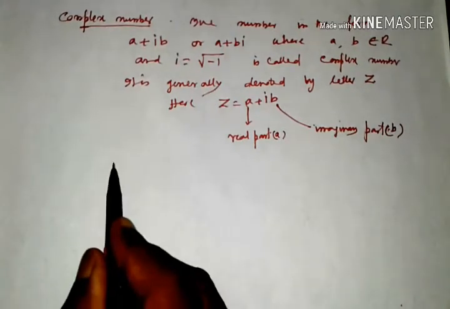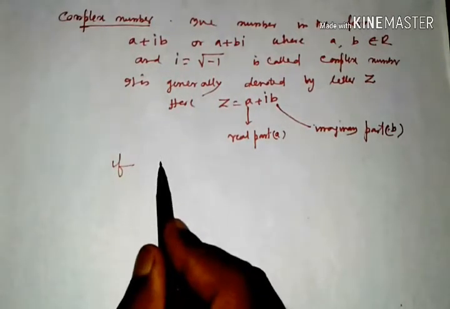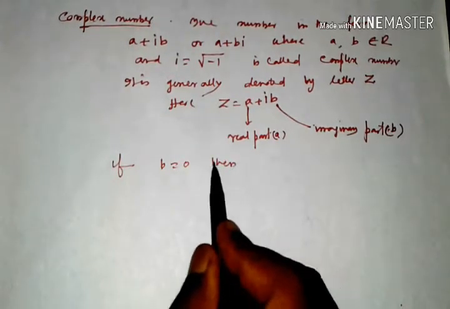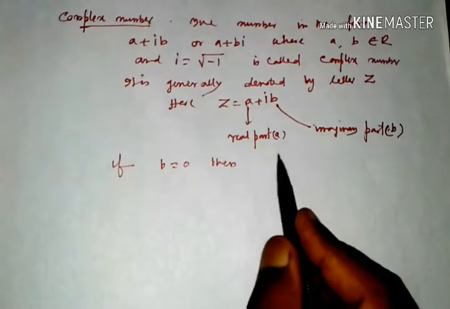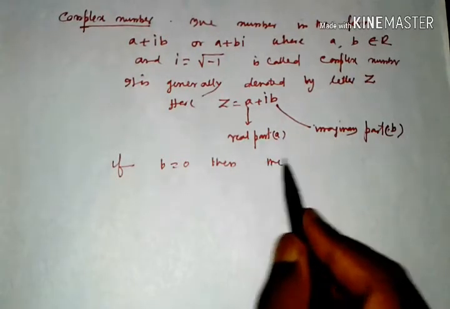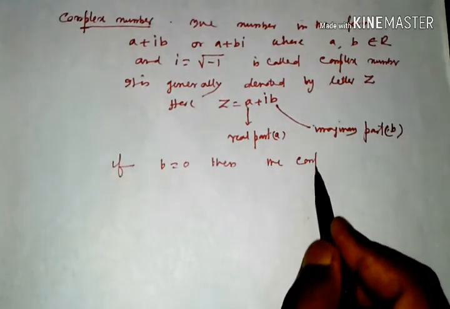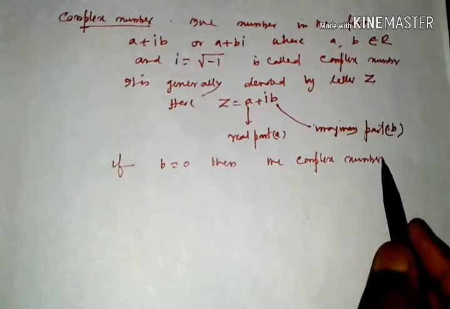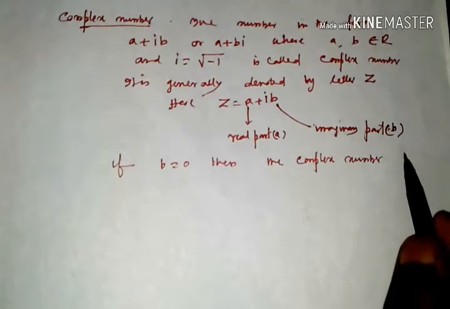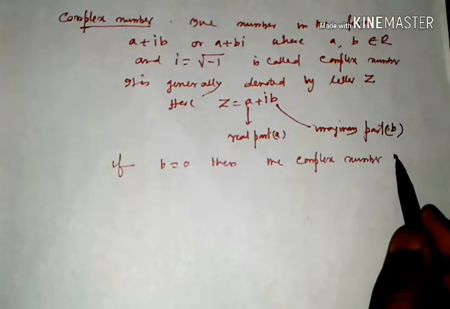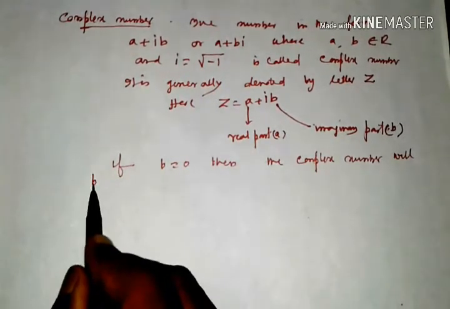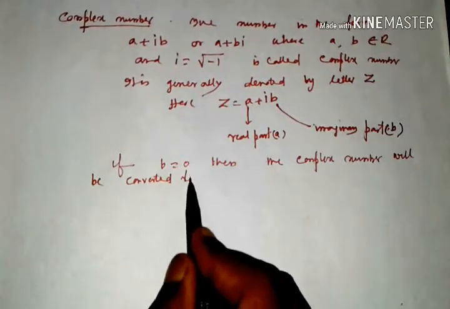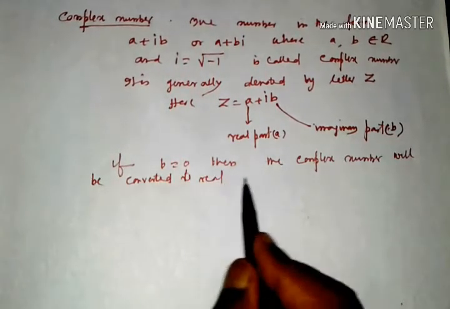If b is equal to 0, then the complex number will be converted to a real number.